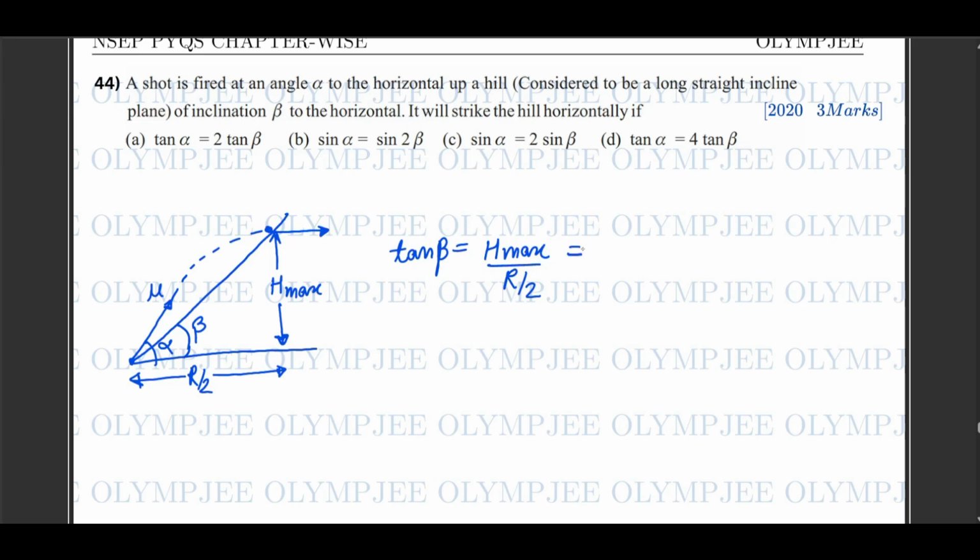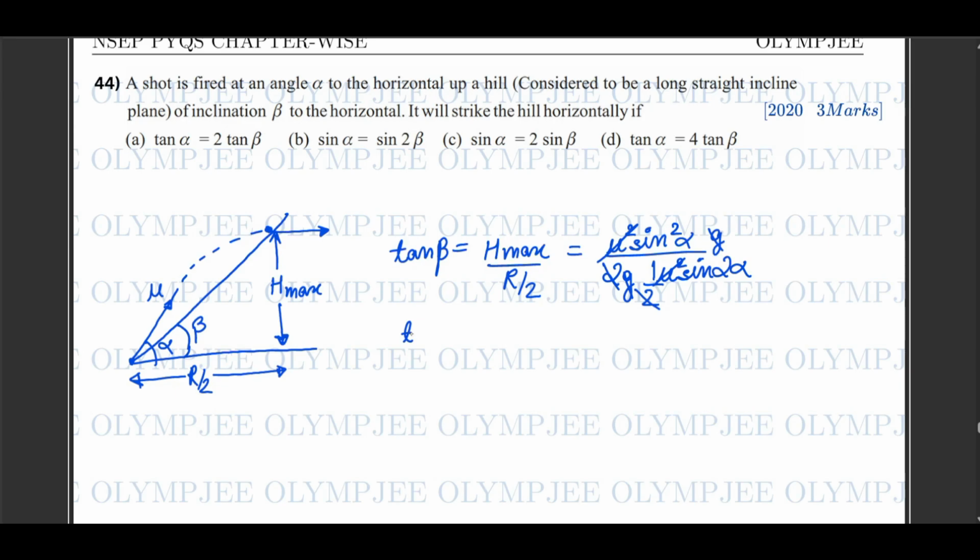So H max is given by u square sine square alpha divided by 2g, and half of range will be half u square sine 2 alpha divided by g. So g and g get cancelled, 2 and 2 get cancelled, u square gets cancelled.